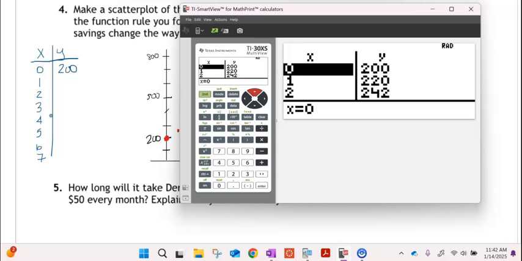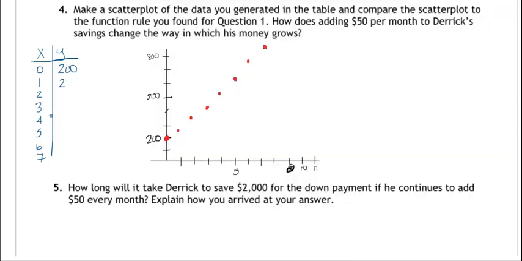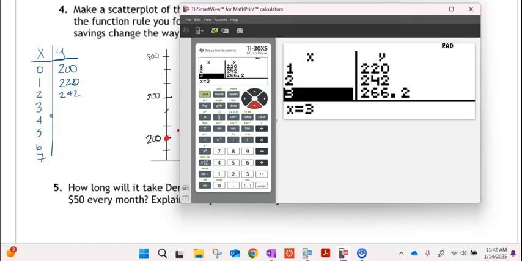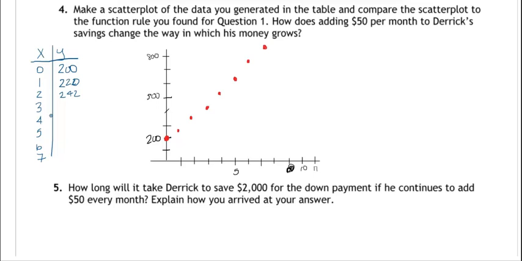Month 1 was 220, and then 242. Then after that, we were at 266.2, 292.82.